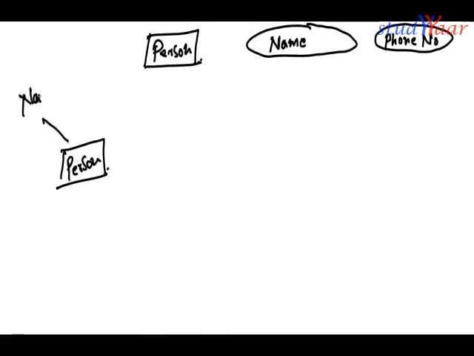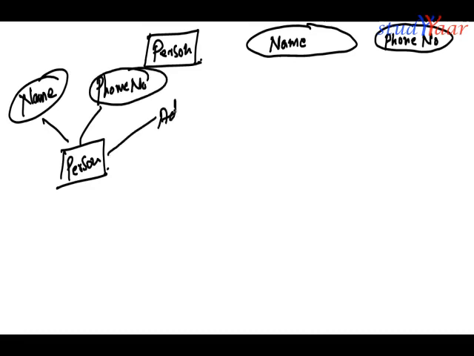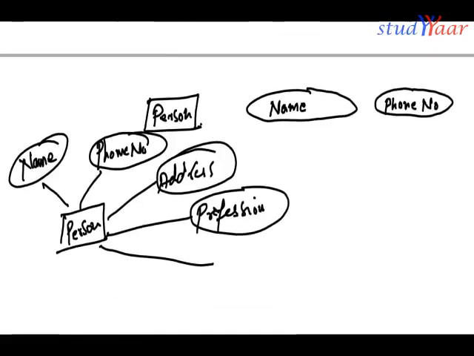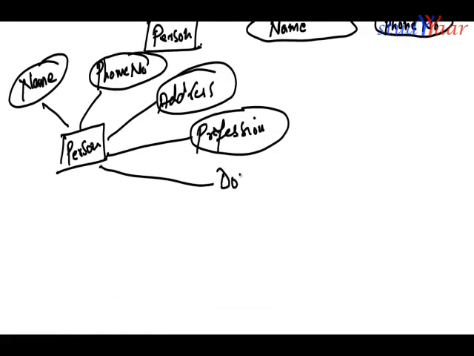So we represent this entity like this. We have a name, a phone number, an address, a profession, and what else do we have? We have a date of birth. In this way I can represent the attributes of an entity.